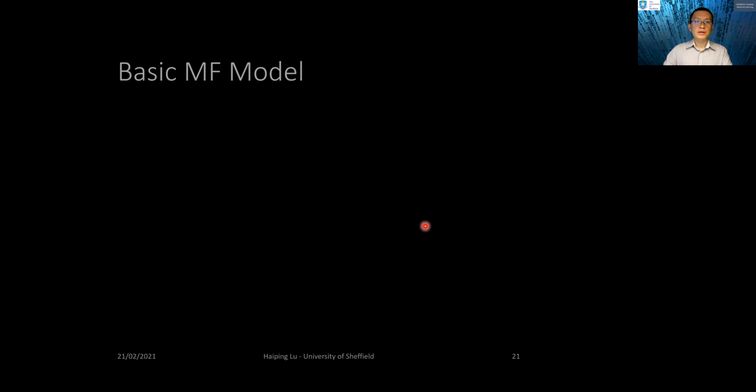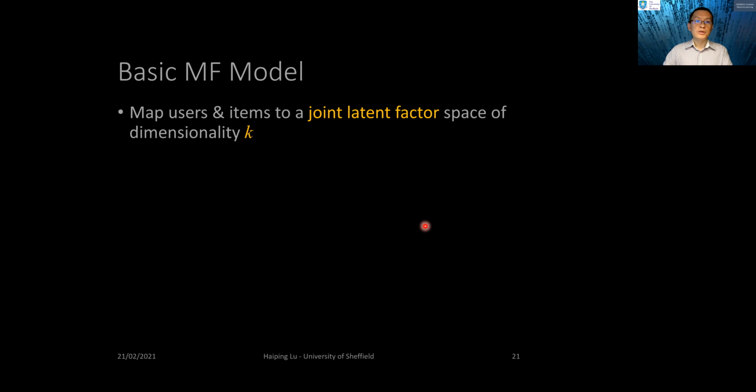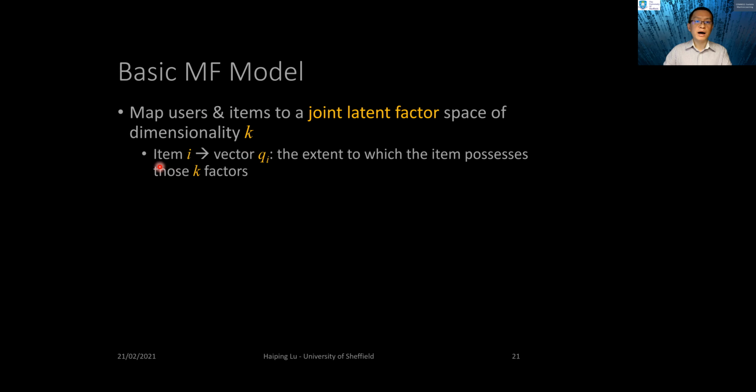So the basic matrix factorization operates like this. We map the users and items to a joint latent factor space of common dimensionality K. Item i will be associated with a vector Qi.